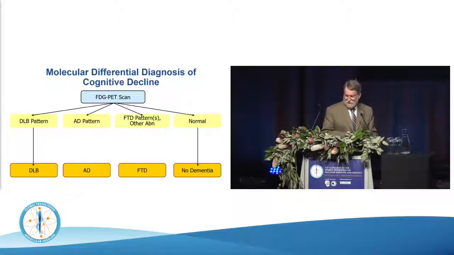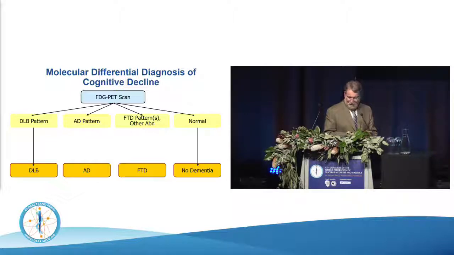And similarly, if the FDG pattern is normal, there's not a neurodegenerative dementia present, and one should manage the behavioral characteristics aggressively. Now, if you have a patient that has a typical AD pattern, remember that some of those could have dementia with Lewy bodies and simply not manifest the FDG characteristics that distinguish some, but not all of them.